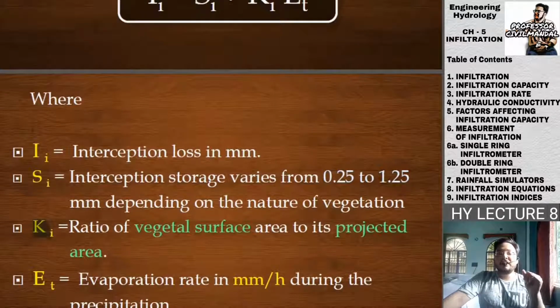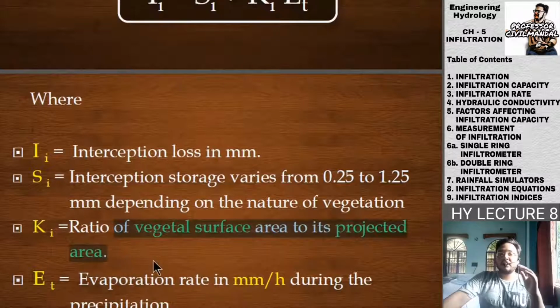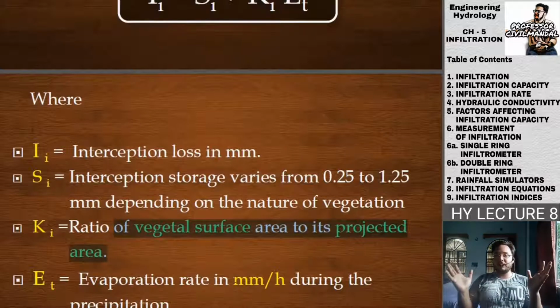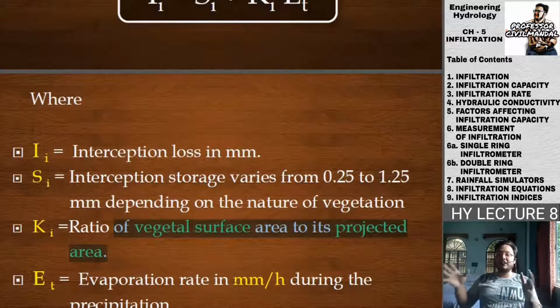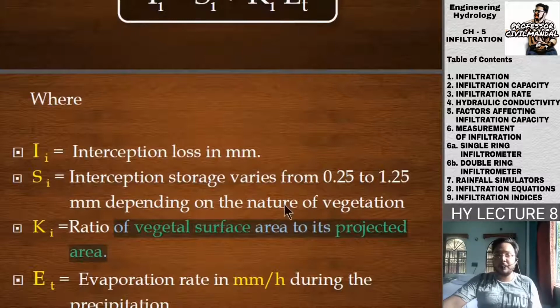Ki is the ratio of the vegetal surface area to the projected area. The projected area is whatever area is available to us in that particular land, so it is the total vegetal surface area divided by the total projected area that is open to us.